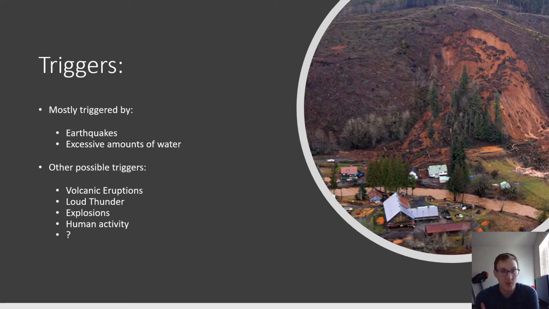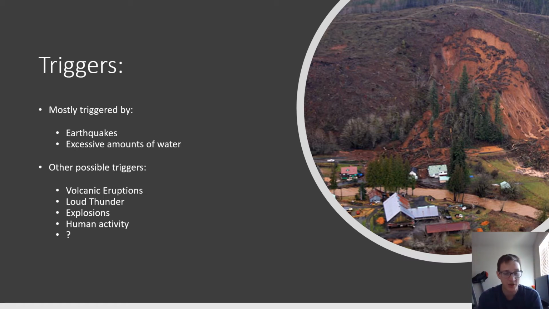The second trigger is mostly excessive amounts of water. If flood-like waters rain down on certain areas, it can cause major weathering on the slopes of these hills and cause their structure to not be as sound anymore, and it causes these mass movements.